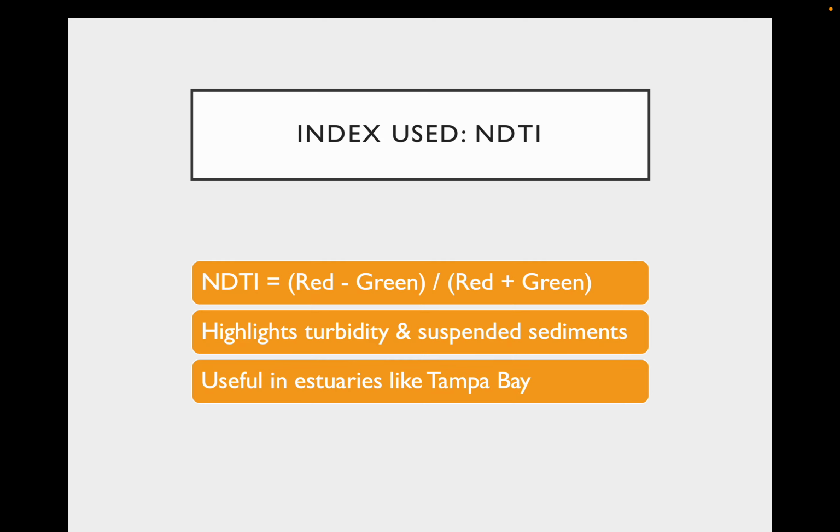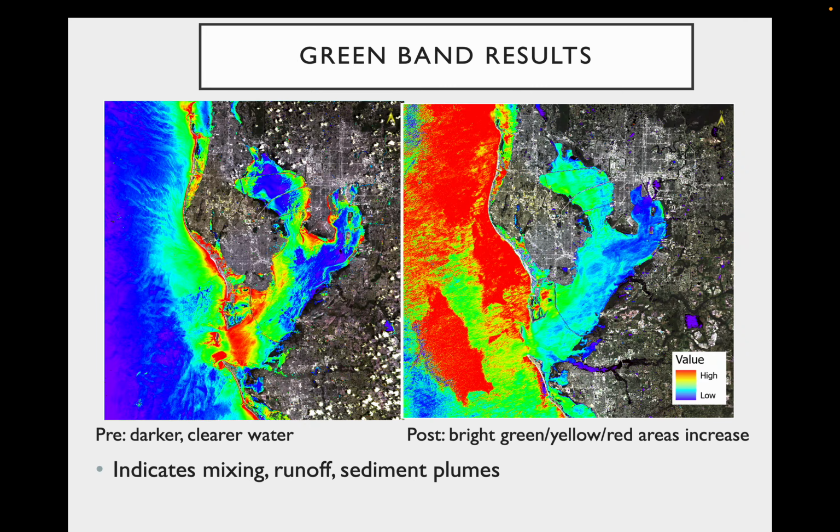It relies on the spectral relationship between the red and green bands, which responds strongly to variations in suspended sediments, and higher NDTI values indicate higher turbidity. NDTI is especially useful in estuaries like the Tampa Bay area, where the color can shift dramatically after major storm events.